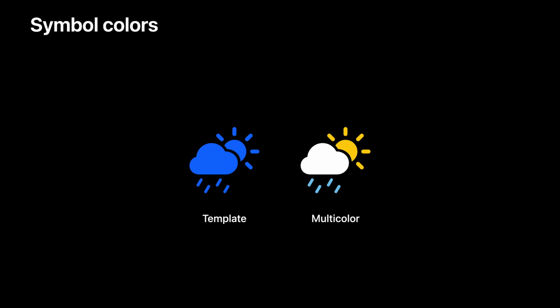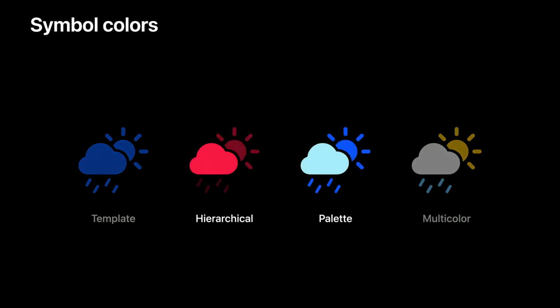In SF Symbols 3, we've added two new rendering modes which take advantage of the layer information provided by the new symbol image format. The first, hierarchical, draws using a single color, while putting emphasis on specific parts of the symbol while de-emphasizing others. And the second, palette, lets you assign any color you'd like to each layer of the symbol.